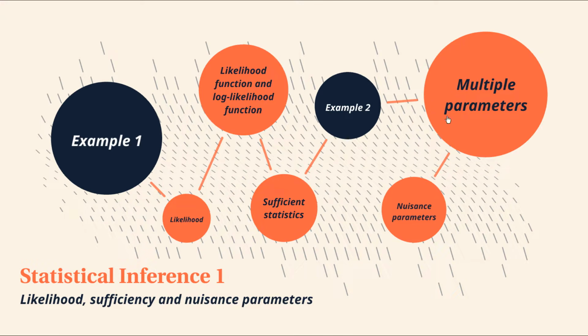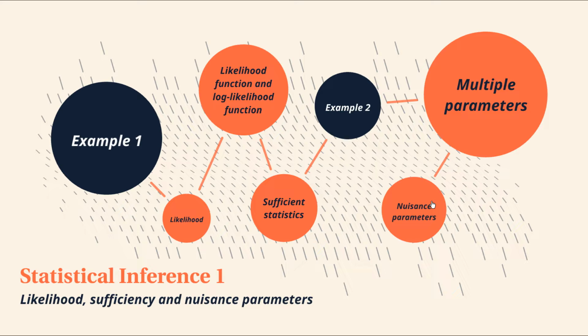From there, we go to look at multiple parameters and how likelihood can apply to estimation of numerous parameters at the one time. Unsurprisingly here, the 2 parameters we'll be looking at as an example will be the mean and standard deviation, and relating that to our normal distribution that we just had an example of. And finally, we'll look at nuisance parameters.